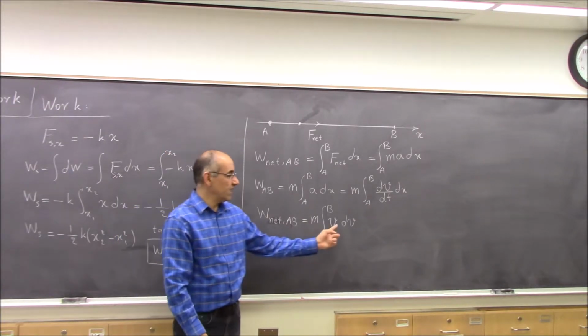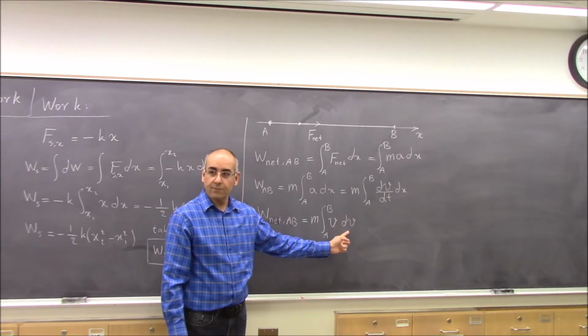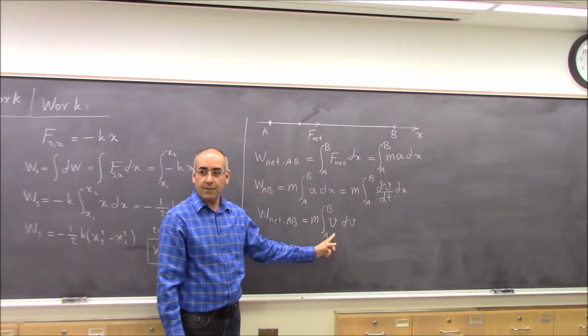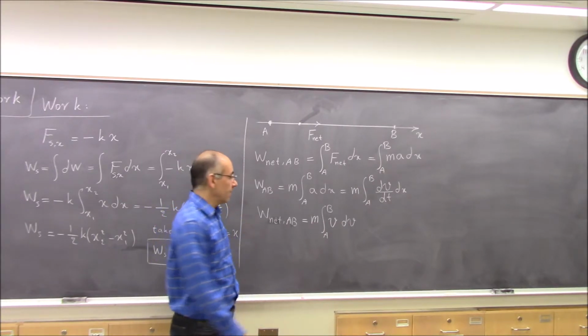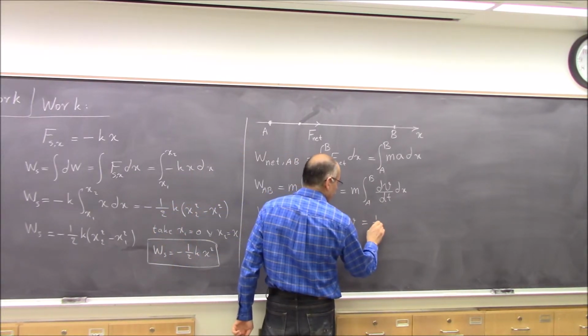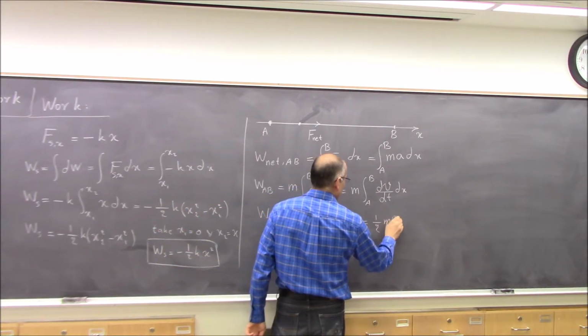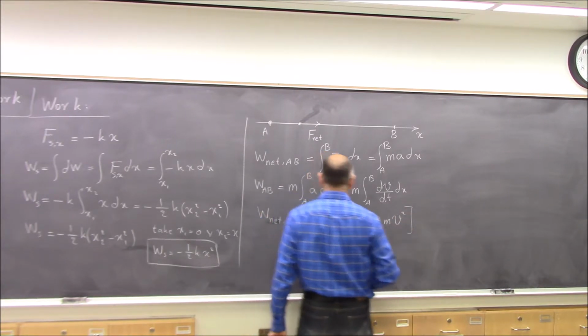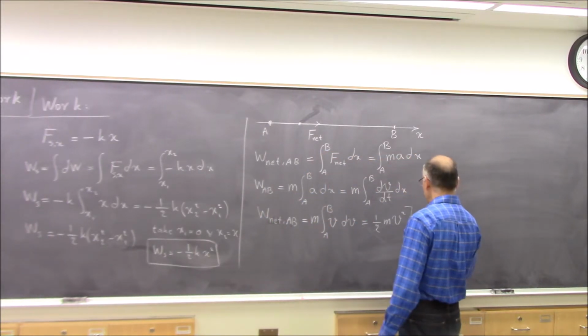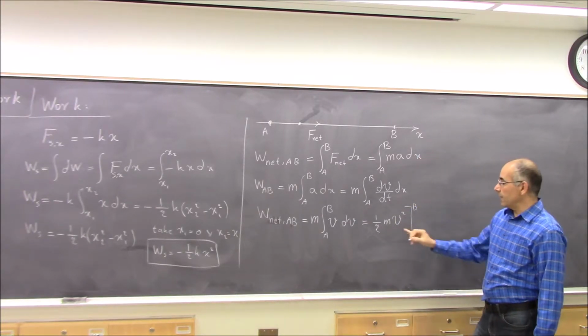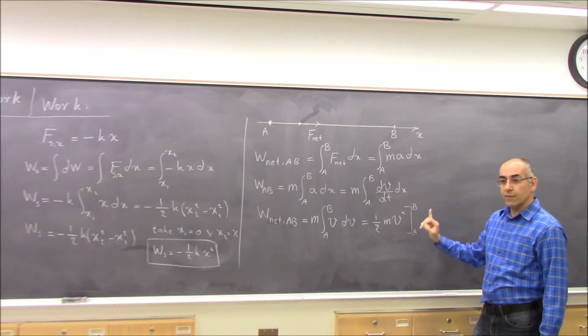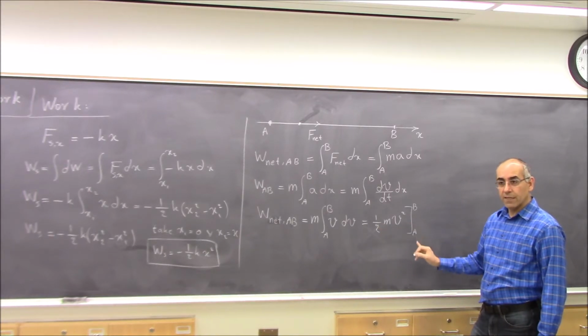What is integral of v dv? 1/2 v squared. Do you see now why there's 1/2 in the definition of kinetic energy? So it's 1/2 m v squared evaluated at a and b and subtracted. So you have 1/2 m v at b squared minus 1/2 m v at a squared.